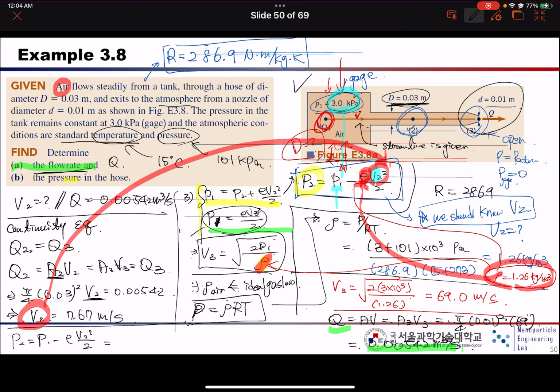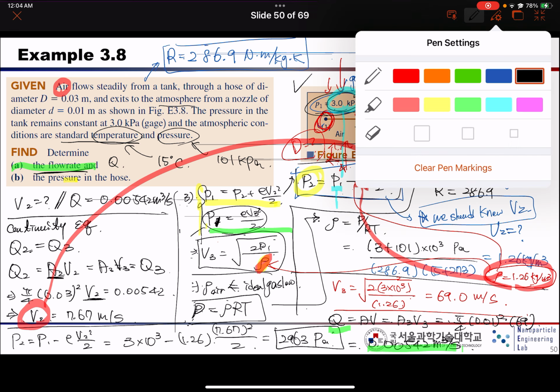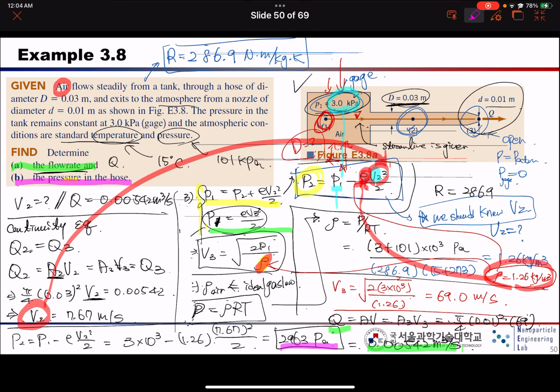So P1 is given as 3 times 10 to the 3, rho is 1.26, and V2 is 7.67 squared divided by 2, right? If you calculate this, it will be 2963 Pascal. Okay, so this will be the answer for the second question.